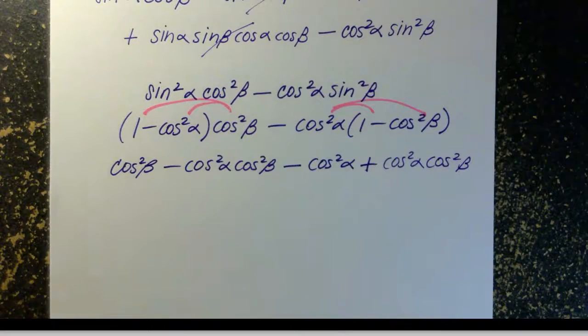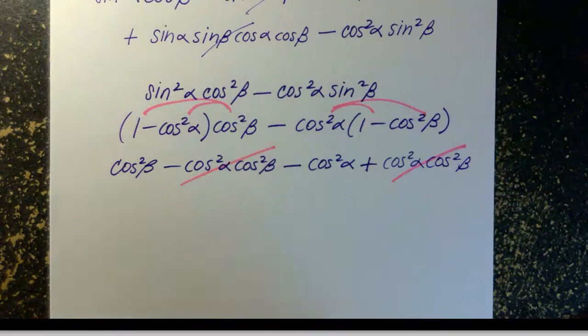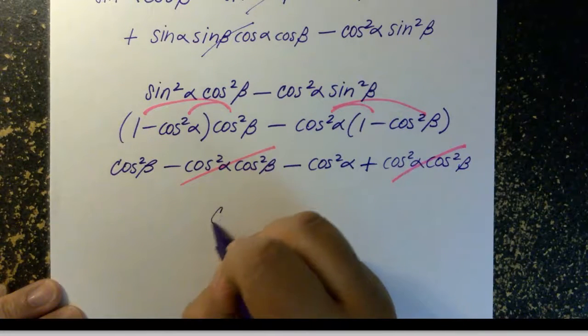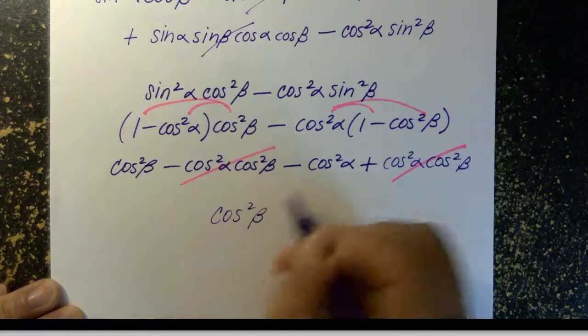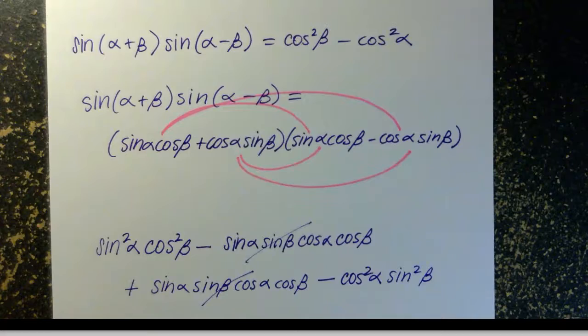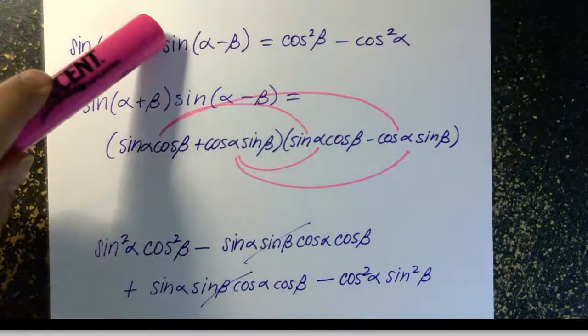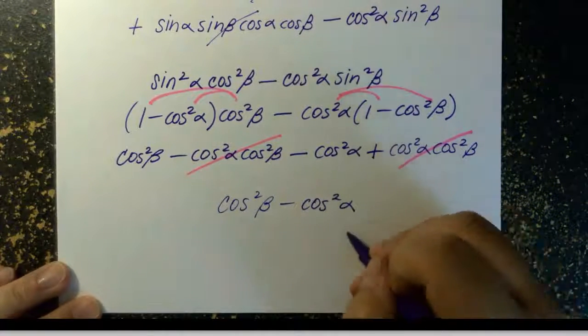Once again, we have 2 that are going to add to 0. Those 2 are exactly the same. They add to 0, and that gets me down to cosine squared beta minus cosine squared alpha, and that's exactly where I was headed all along. I've hit the right-hand side, so I've shown that this is equivalent to this. And I am done.